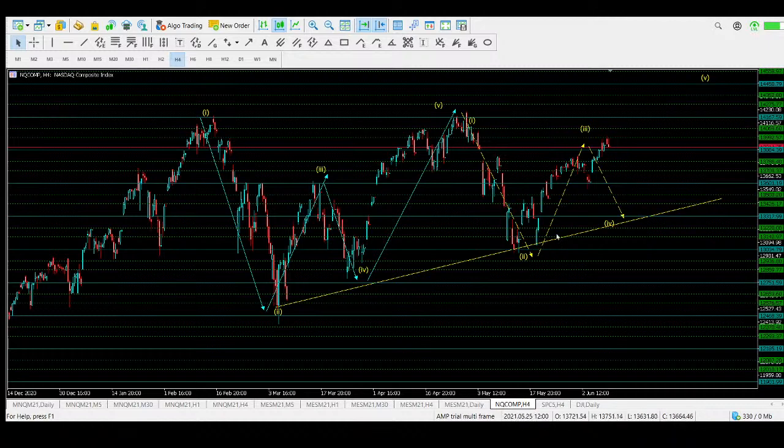Now we've gone up again 1, 2, 3. So I was looking at this and thinking that, oh yeah, most probably if it fails here, it'll be coming down all the way here to form this fourth wave. But it actually bounced off here, 13,601, 13,602, and shot straight back up.